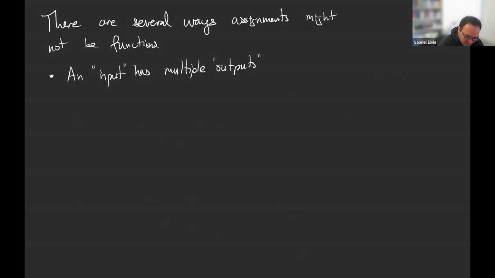An example of something like that would be: the domain would be all CSUSB students, and the codomain would be all courses.